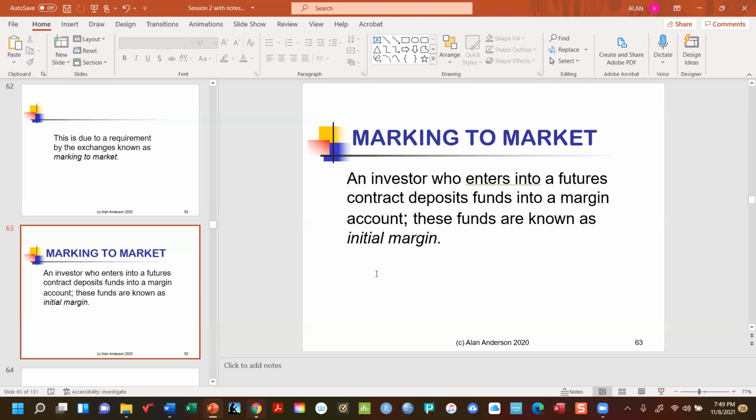Now, here's an example. Let's say that you enter into a futures contract on gold. Gold futures contracts typically are written on 100 ounces. So a single futures contract is actually giving you the ability to buy 100 ounces of gold, not just one. And so at current prices, 100 ounces at, let's say, $1,500 an ounce, that could really be expensive.